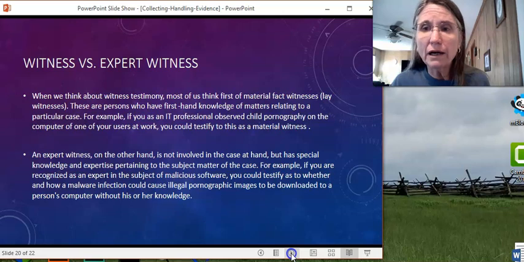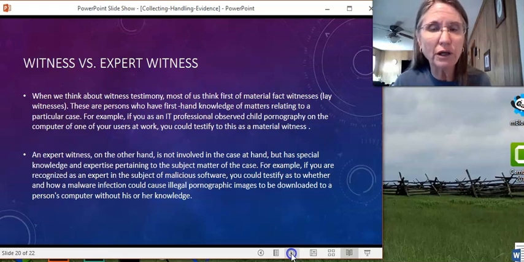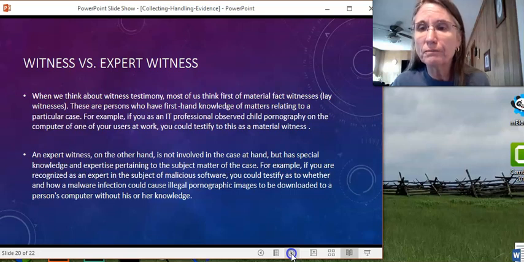So, we may, in this same child pornography case, be able to explain that malicious software could infect our system and could cause illegal pornographic information or images to be downloaded to a person's computer without that person's involvement or even knowledge.